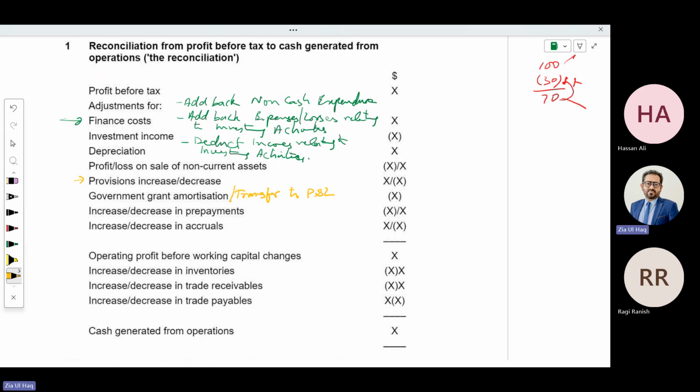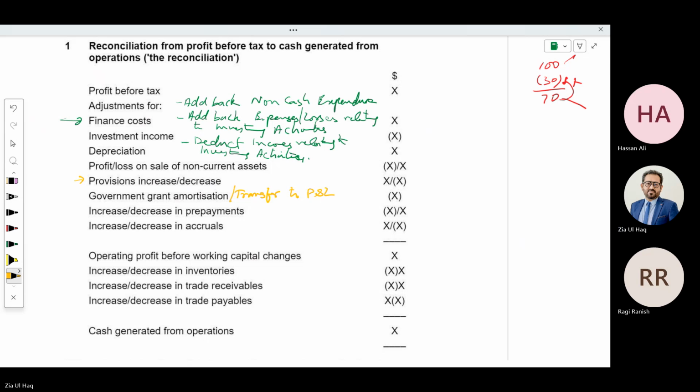If we received a government grant for the next 10 years, we will not record all of it as income. We record it as deferred income. And every year we will transfer from deferred income to income, meaning P&L, only the part of that year. So that is a transfer to P&L.